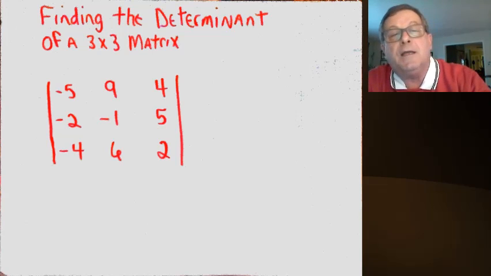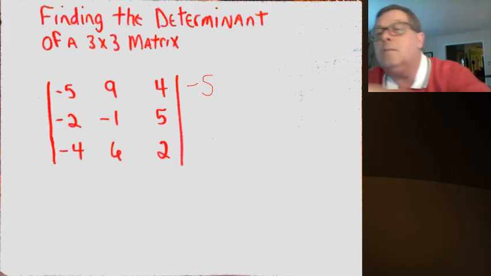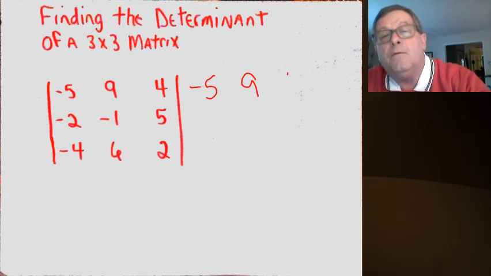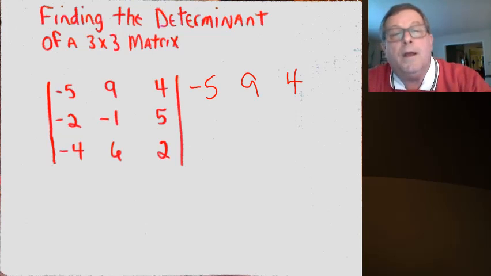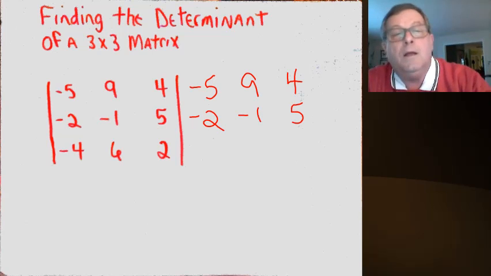So let's see if I can get this written: minus 5, 9, 4, and minus 2, minus 1, 5, and minus 4, 6, and 2.